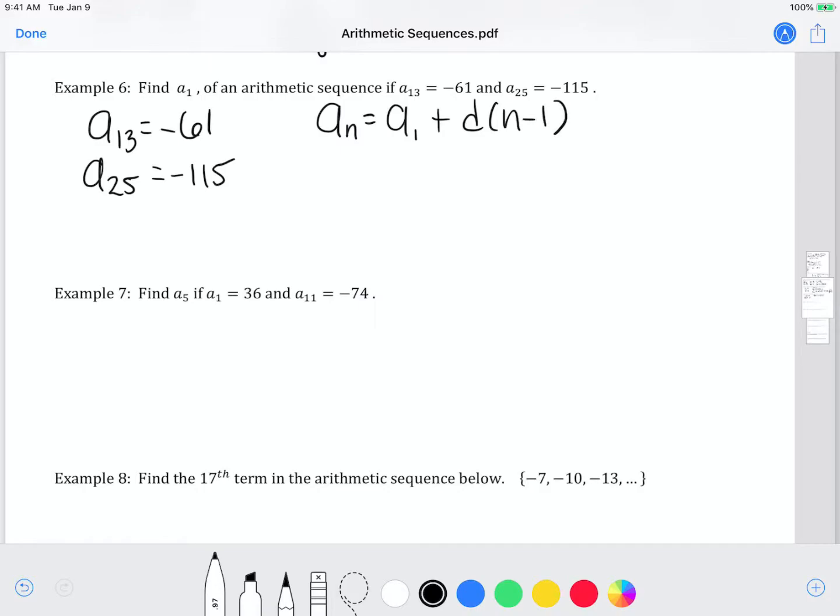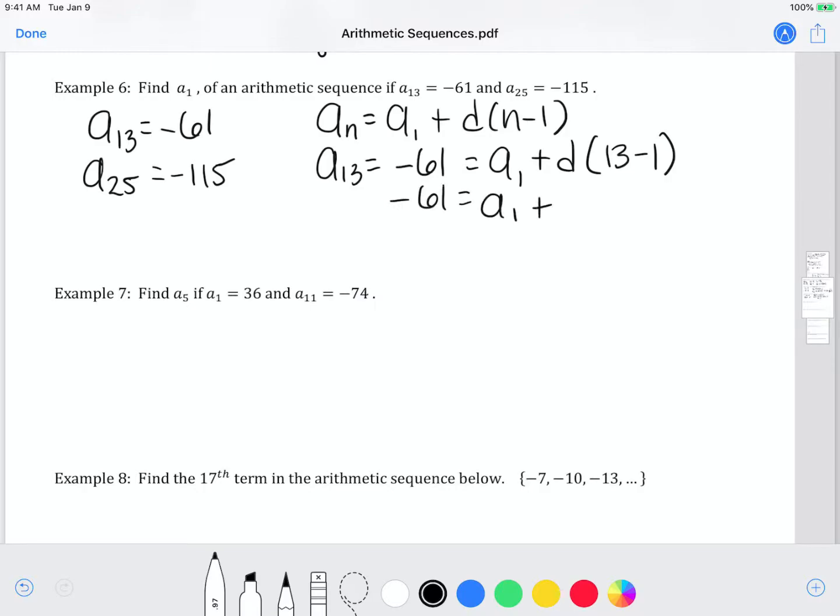And we can plug in these values to solve for A1 and D. So if I plug in 13 for n, I'm going to get A13, which is negative 61, is equal to A1 plus D times 13 minus 1. And 13 minus 1 is 12. So then I would have negative 61 is equal to A1 plus 12D. So there's one formula.